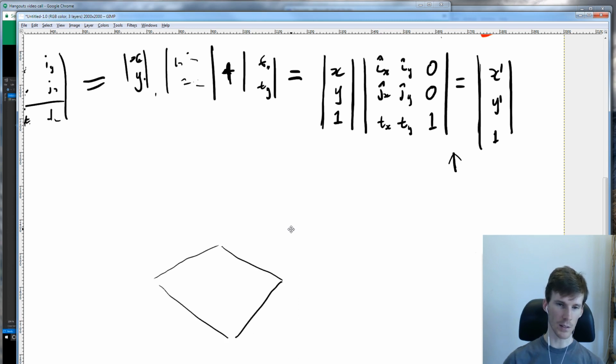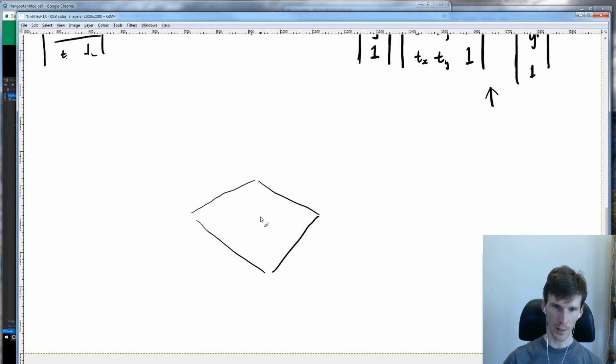So if this is our ground plane, and here's our origin, and x is coming out there, and say our i hat and j hat are just the identity, but we're doing a translation, so we have 1 0, 0 1, 3 3 or something, as our augmented matrix.